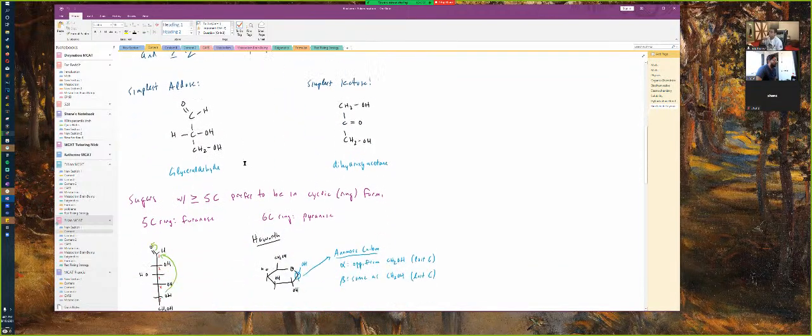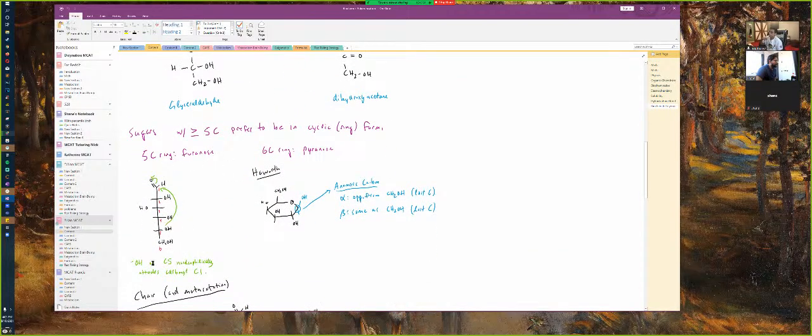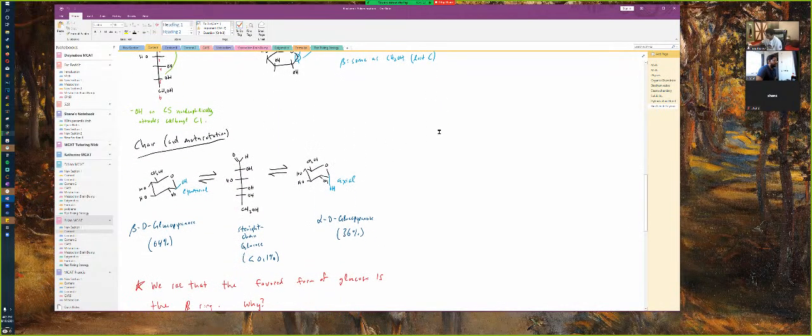So I actually talk about it here. This is what happens. The OH on the 5th carbon nucleophilically attacks the carbonyl. The arrows here make a 5 carbon ring, and so we have a 6 carbon ring over there, and this is called a chair.